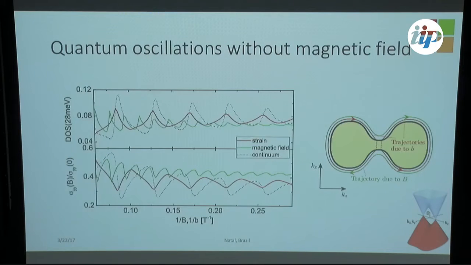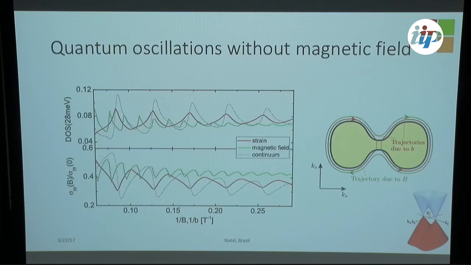For the real magnetic field, you have a trajectory going around the whole Fermi surface after the Van Hove singularity. For the pseudomagnetic field, the direction of propagation around the Fermi surface is opposite, as shown in these red lines for the two Weyl cones. So you still see half the Fermi surface due to this pseudomagnetic field, and indeed one can see it in a different periodicity of quantum oscillations due to strain and magnetic field.